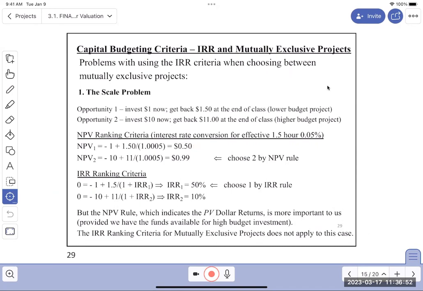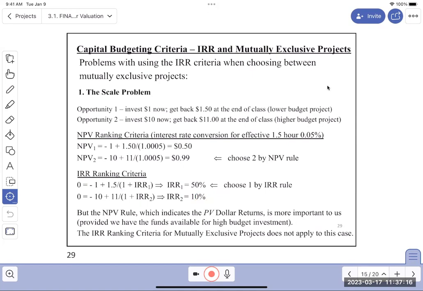If you use the internal rate of return and you don't know what you're doing, it looks like, oh, 50% return for this investment type project, I should pick the 50% returning project, the first one, not the second. But what's the problem? What am I misunderstanding here? The size of the project.